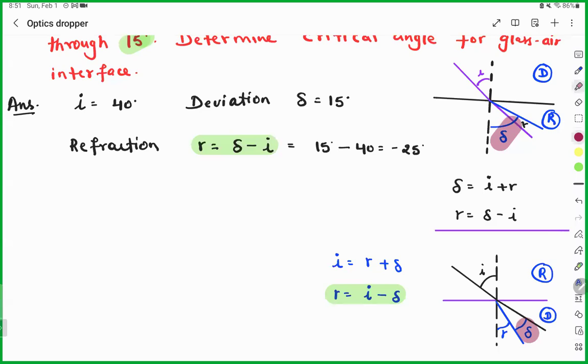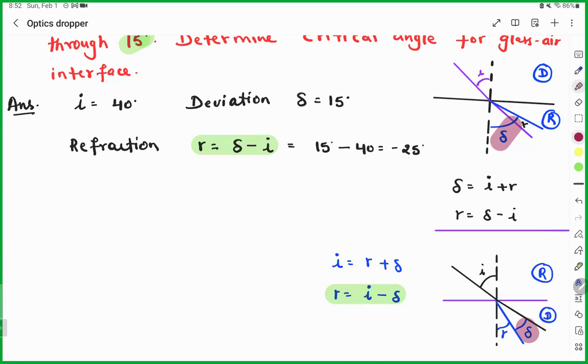It is the deviation from the main path, where it was supposed to go and where it is deviated. Both are contradictory to each other. Okay, I understood, sir. In the first situation, I took it from the normal, which is not correct. And in the second situation, I took it from the straight line of the incident ray. Okay, now I understood, sir, what you meant by mistake.